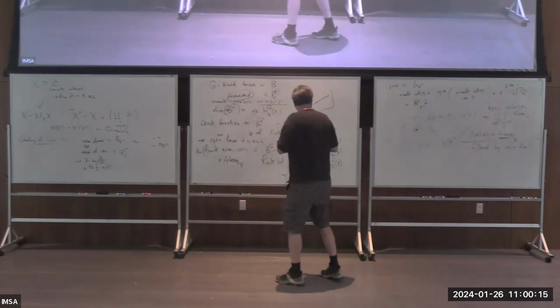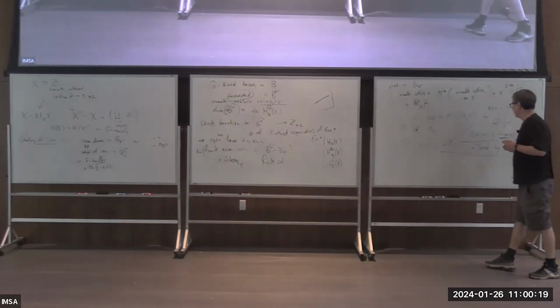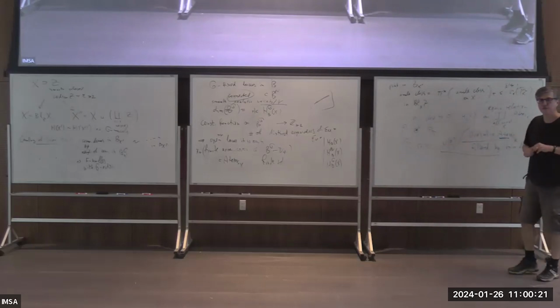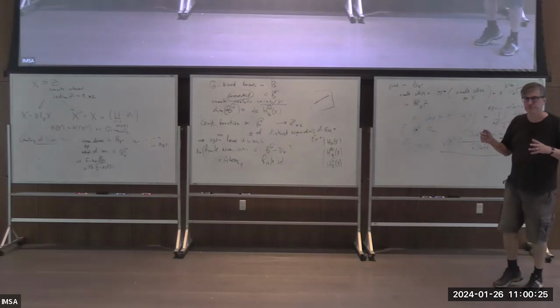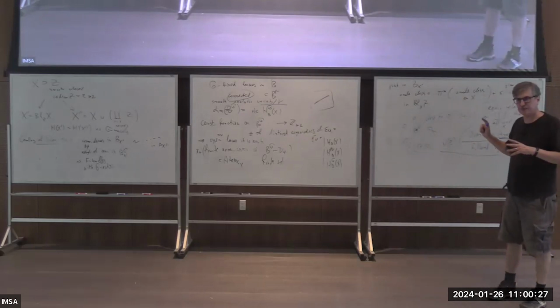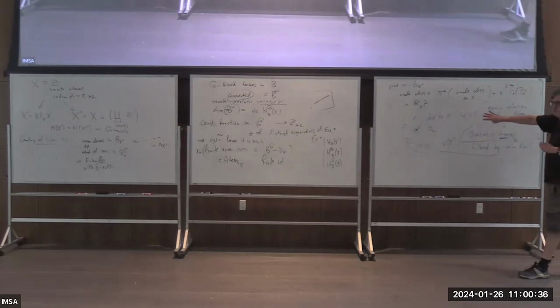So it's filtered by this relation, and the only relation is blow-up: blow-ups in smooth centers and projective bundles. In fact, projective bundles for this story are not relevant, but it's convenient to add them. Let's just focus on the blow-ups.